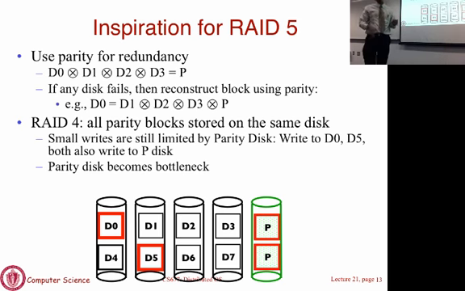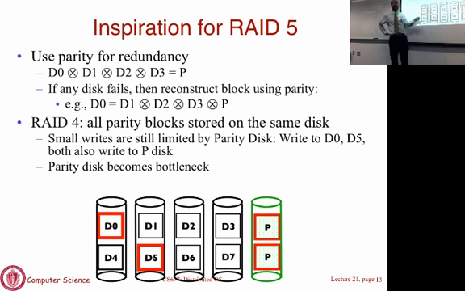Now coming back to this scenario, if you have a single parity disk, which is what happens in RAID 4, you will see that the parity disk becomes a bottleneck. Any write on any of these disks also triggers an extra write on the parity disk. Because by definition, if you write to any of these blocks, you read the entire parity group and you write that block and the updated parity block.